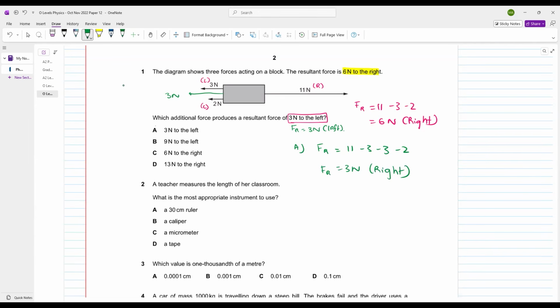Beta, we need a 3 Newton resultant force acting towards the left. A is not your answer.